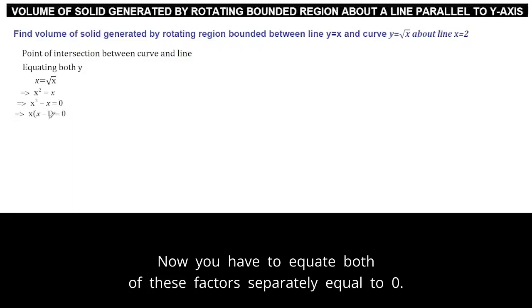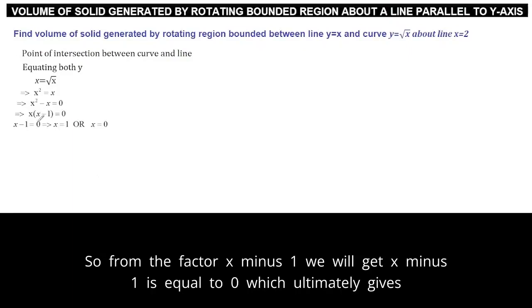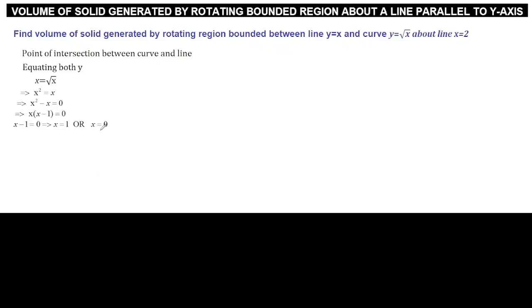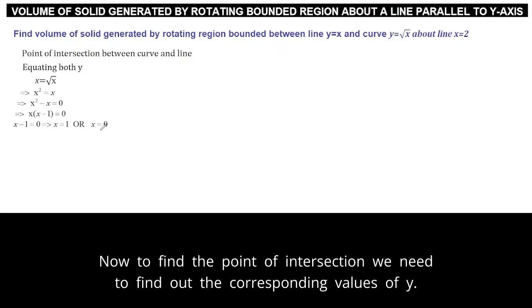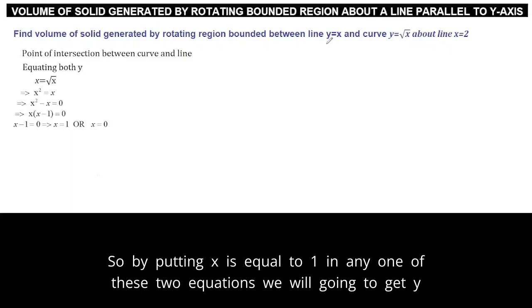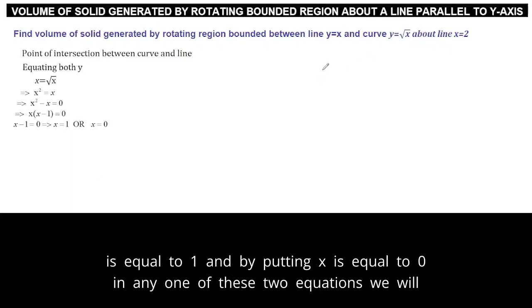Now you have to equate both of these factors separately equal to 0. So from the factor x minus 1, we will get x minus 1 is equal to 0, which ultimately gives us x is equal to 1. And from the other factor, we will directly get x is equal to 0. Now to find the points of intersection, we need to find the corresponding values of y. So by putting x is equal to 1 in any one of these two equations, we will get y is equal to 1.